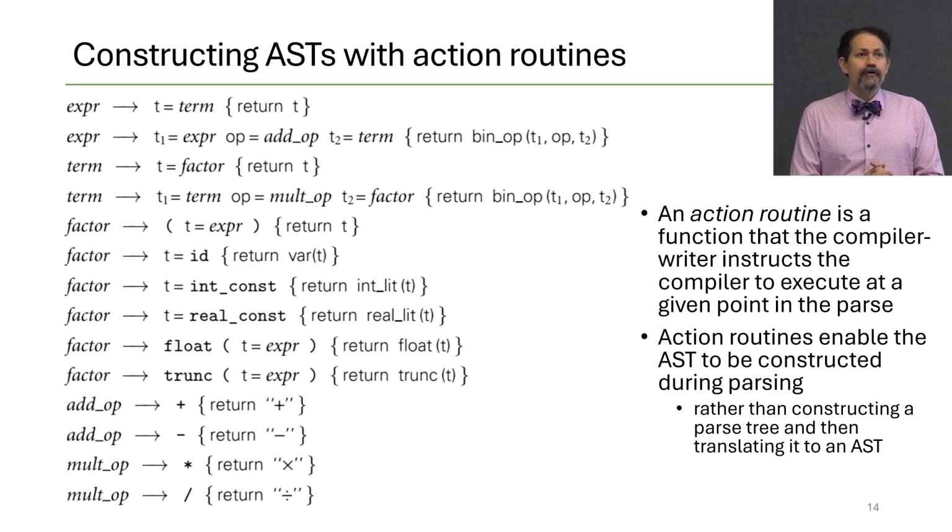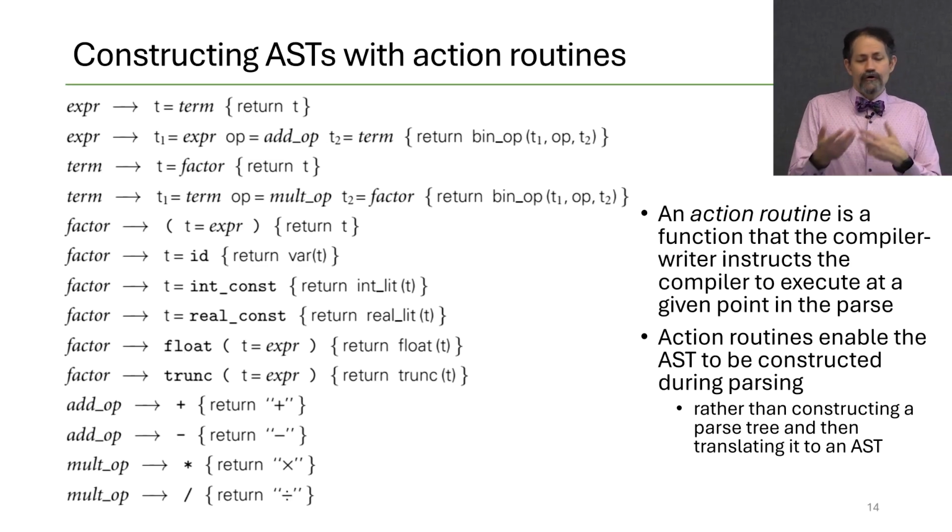But here, we've said that expression will return some tree, t1, and then add op will return some operator, either plus or minus, according to which production we used. And then t2 will return a term. Based on that, we have an action routine that says, let's return an abstract syntax tree, which is a binop of t1, op, and t2, combining these.